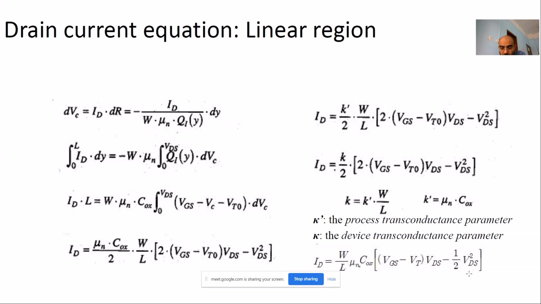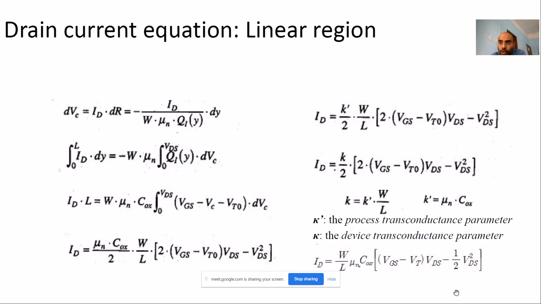Both the equations are the same. Whenever your device is working in the linear region, use this equation. Whenever your device is used in a circuit, the very first thing you have to do is find in which region it is operating, whether the linear region or any other region. If it is operating in the linear region, use this equation.